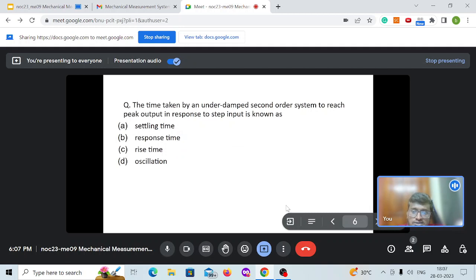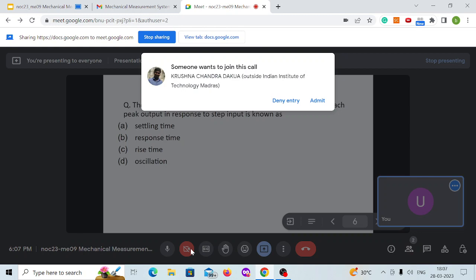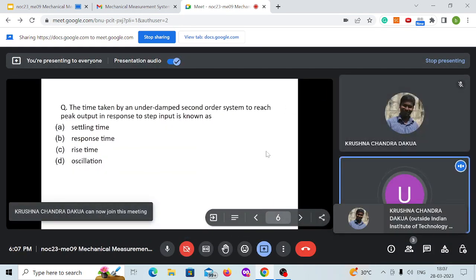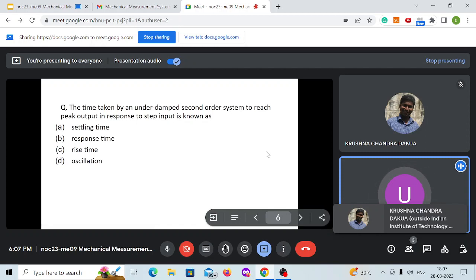Moving to the next case: the time taken by an underdamped second order system to reach peak output in response to step input is known as A, settling time, B, response time, C, rise time, D, oscillation.